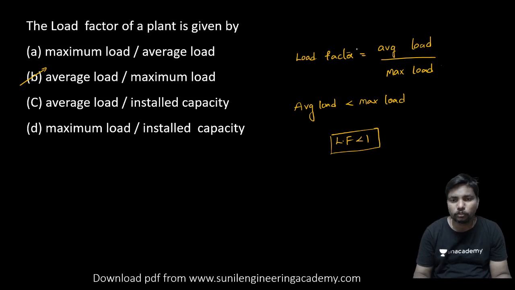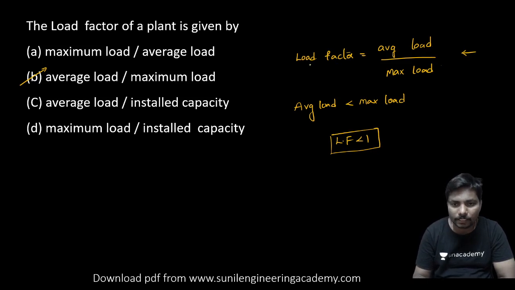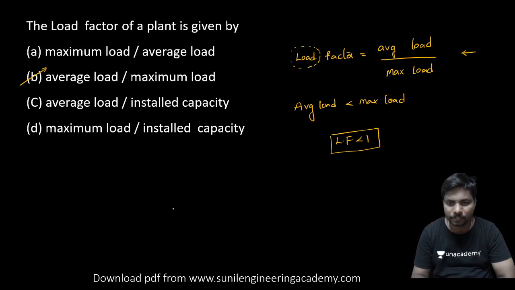So how to remember this one? Load factor formula: simply remember that load factor is always associated with load only. In the numerator you have the load, average load, and in the denominator also we have the load, maximum load.